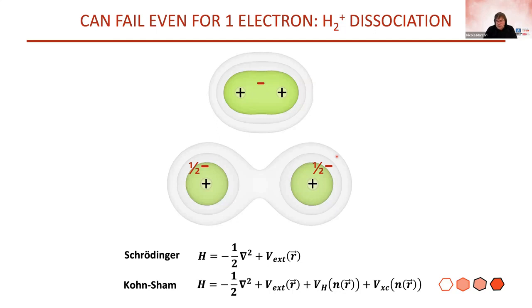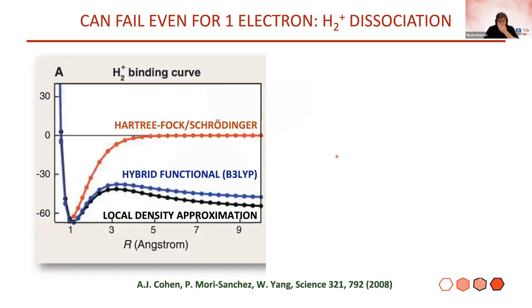Now, let me actually show you what happens. This comes from work of Aaron Cohen, Paula Mori-Sanchez and Weitao Yang. You see, the dissociation of H2+ would give a red potential energy surface if we solve the Schrödinger equation, or for one electron, Hartree-Fock is exact, so red is the correct one. But density functional theory in black, say in the LDA approximation, fails miserably at dissociation.